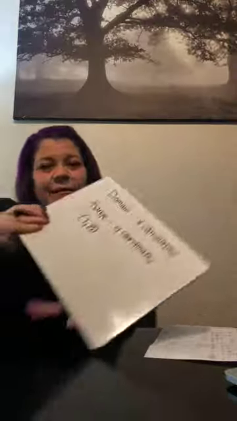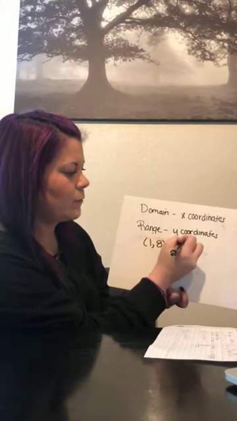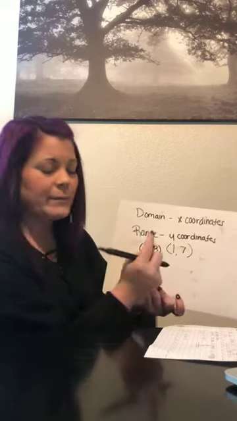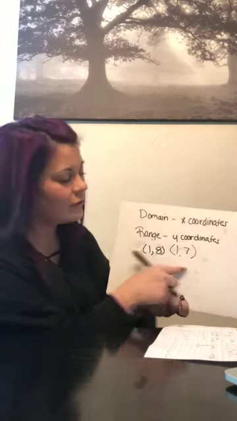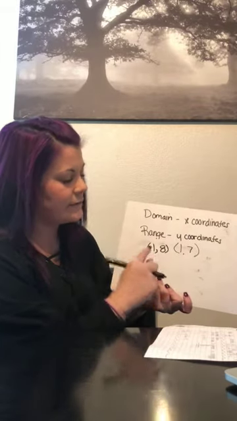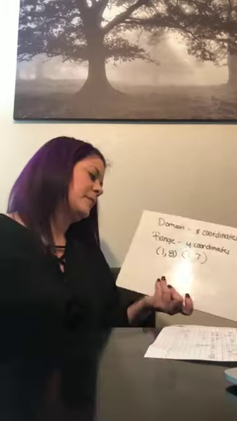Because if I input the number 1 into an equation, I should only get one number, like 8. But sometimes you'll see a coordinate point like (1, 7). That means when you plugged in 1, you can get either 8 or 7. So this would not be a function, okay? Because every input should only have one output. So if the x values repeat, then it's not a function.